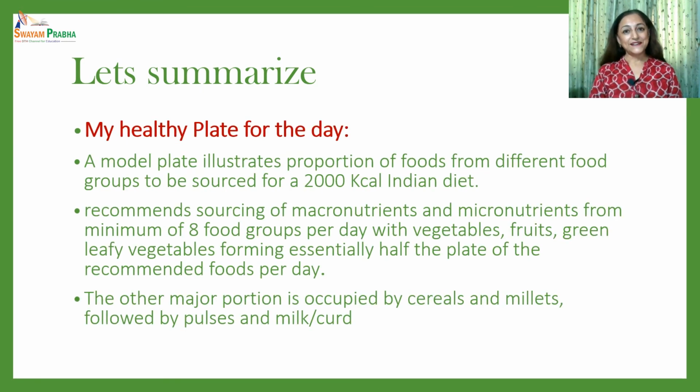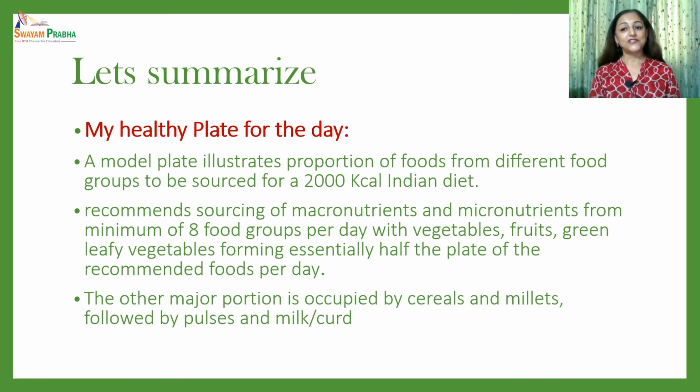And then we studied the modern healthy plate for the day. It is a model plate which illustrates the proportion of foods from different food groups which should be sourced for a 2000 kilocalorie Indian diet. It recommends sourcing macronutrients and micronutrients from a minimum of 8 food groups per day.